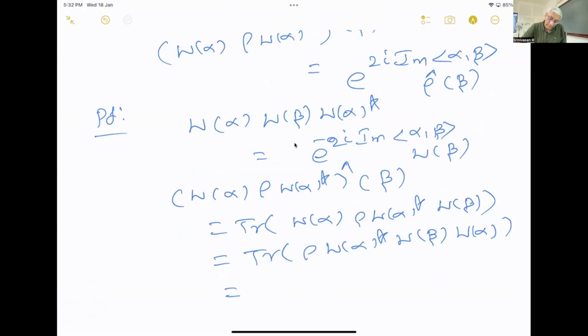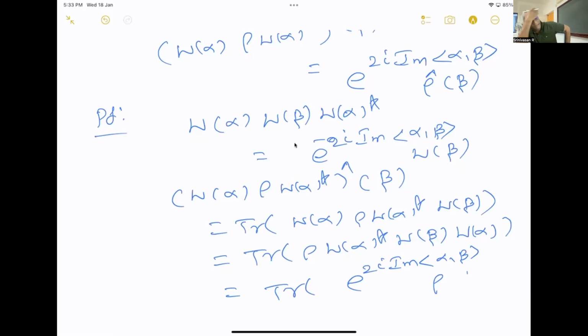So that is equal to trace of, that's a scalar, e to the power 2i imaginary part of alpha beta, and then rho W of beta. Which is what we want, which is equal to e to the power 2i imaginary part of alpha beta times rho hat of beta. Okay, that's done.